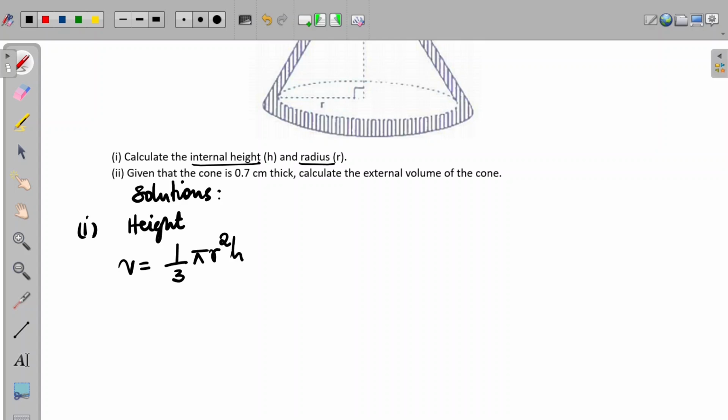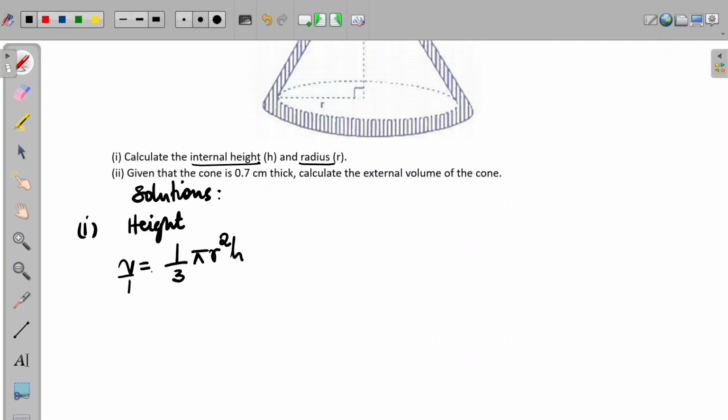In fact in this one, before we can find height, we need to find radius. But let me first make h the subject of the formula. To do so, we will just say over 1 here, then cross multiply.